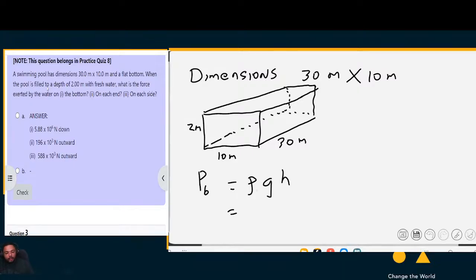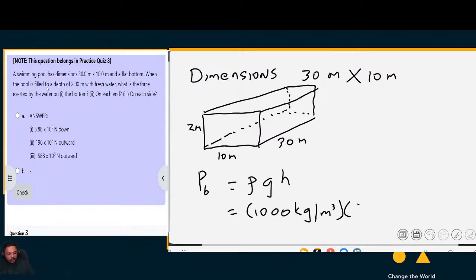The density of fresh water, and I had to go check, is 1,000 kilograms per cubic meter, since we're working with dimensions in meters.